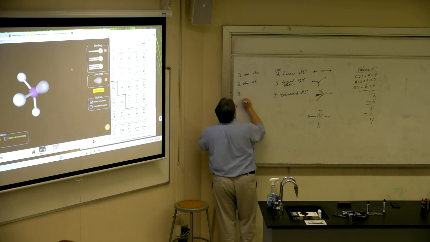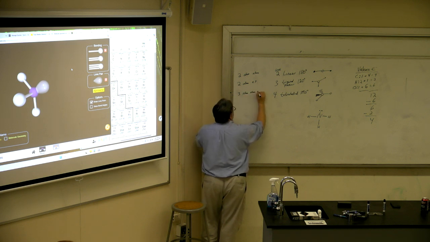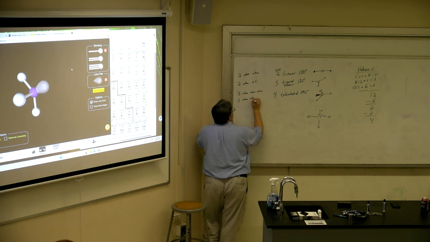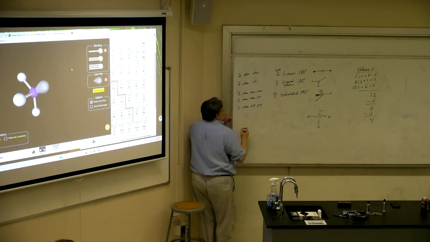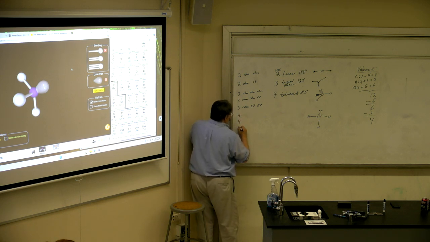Pair. There's 3 things around it and there's 3 atoms. What if there's 3 things around it? Electron pair. That's kind of a null case. And let me just finish this. We've got 4 things around it.